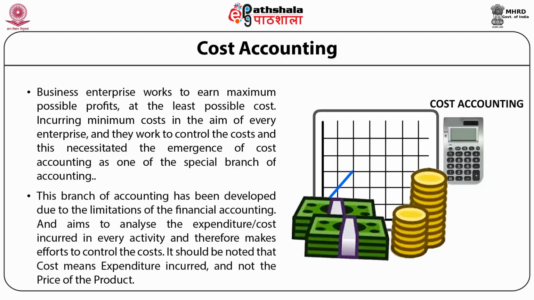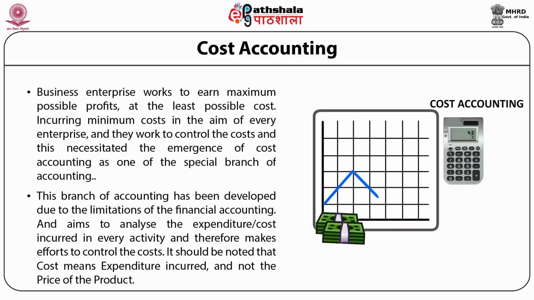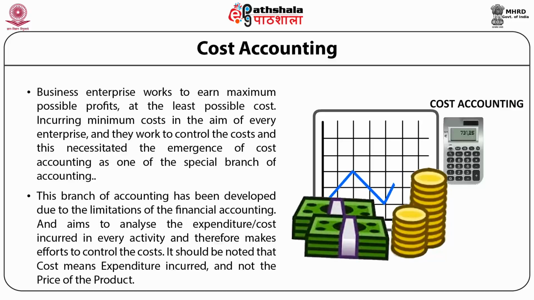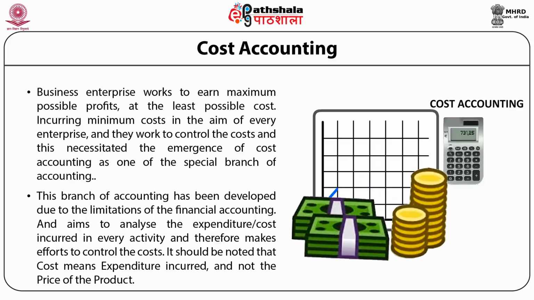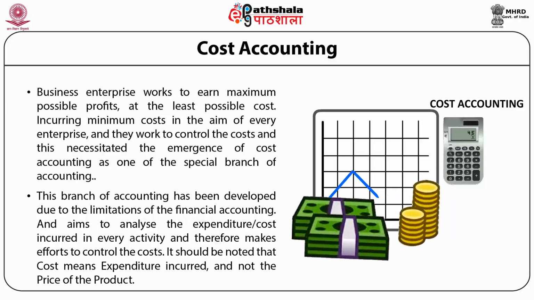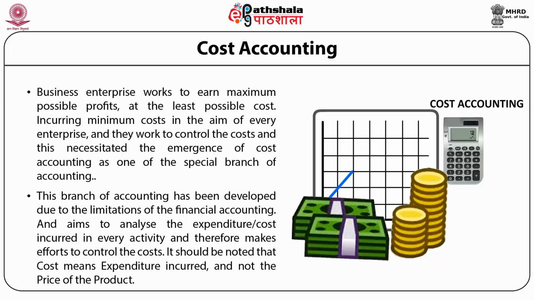This branch of accounting has been developed due to the limitations of financial accounting and aims to analyze the expenditure or cost incurred in every activity and therefore makes efforts to control the costs. It should be noted that cost means expenditure incurred and not the price of the product.